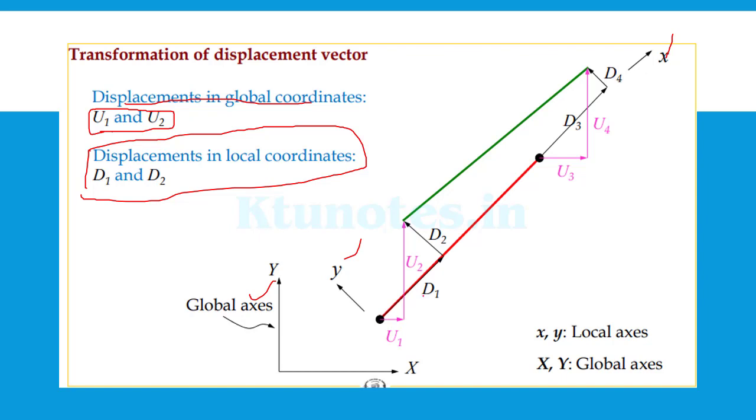When this member is getting stretched, there are four displacements possible: d1 linear movement, d2 vertical movement, d3 linear movement at the right point, and d4 the other vertical movement. So these are the possible movements for the plane truss member.